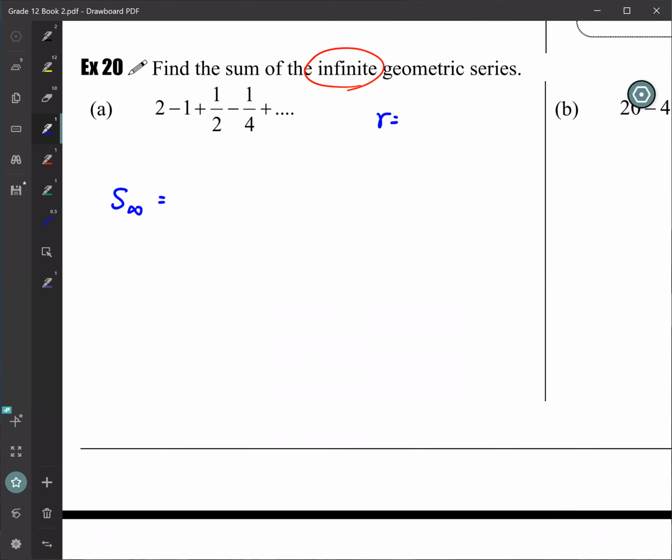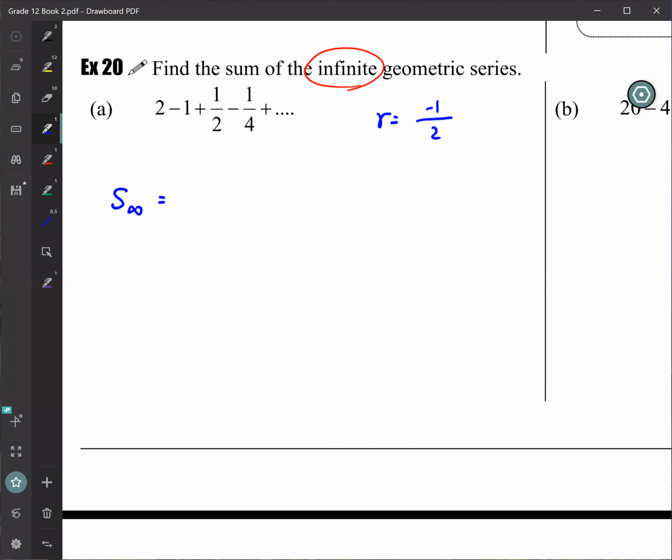Kelly, you there? Which one's the first term? 2. Which one's the second term? -1. Which one's the third term? 1/2. Yes, very good. So to get the ratio, which one over which one? -1/2. Yes, so that's our ratio.